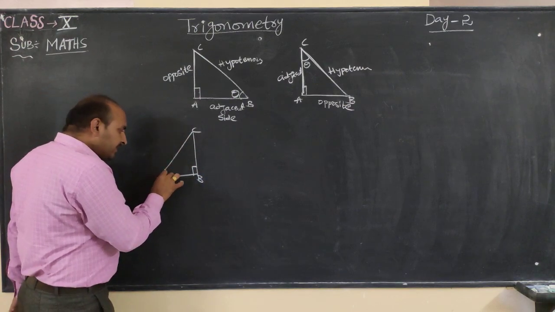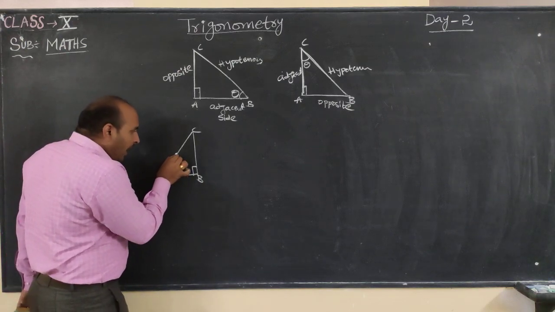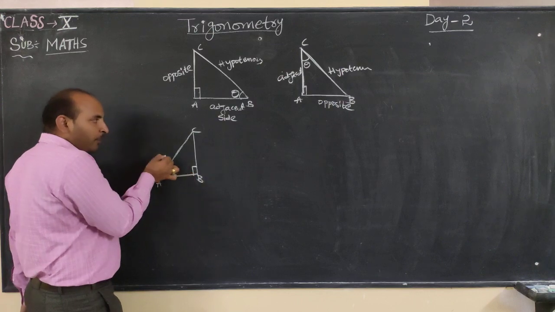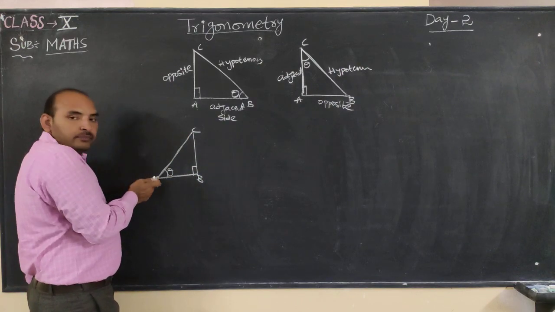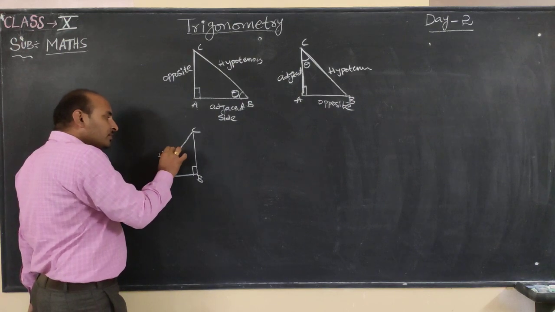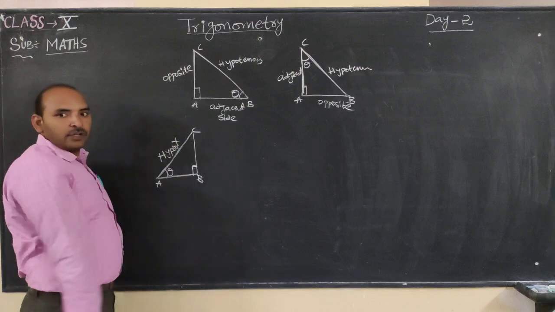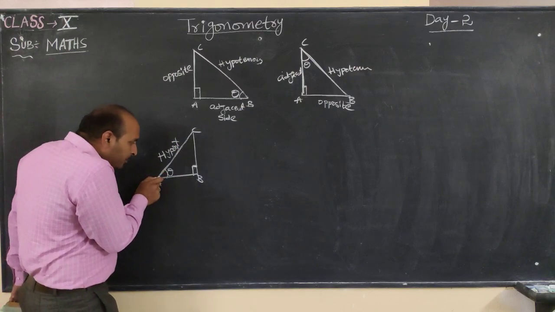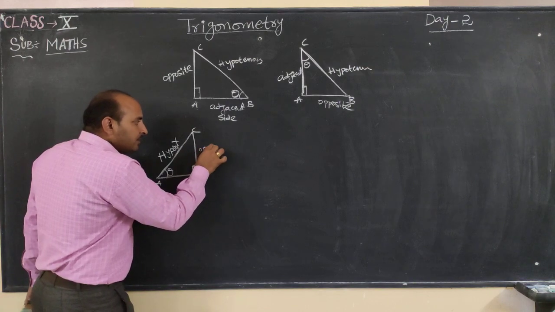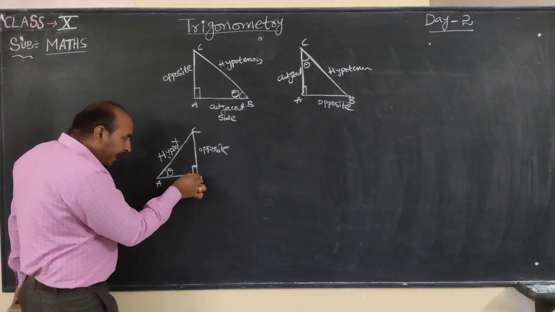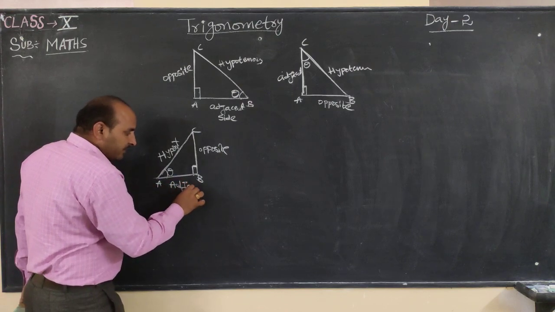If the angle is theta here at A, this side is the hypotenuse, exactly opposite to the 90 degrees, AC is called the hypotenuse, and exactly opposite to theta, the BC side, this is the opposite side, and beside A, this is the adjacent side.